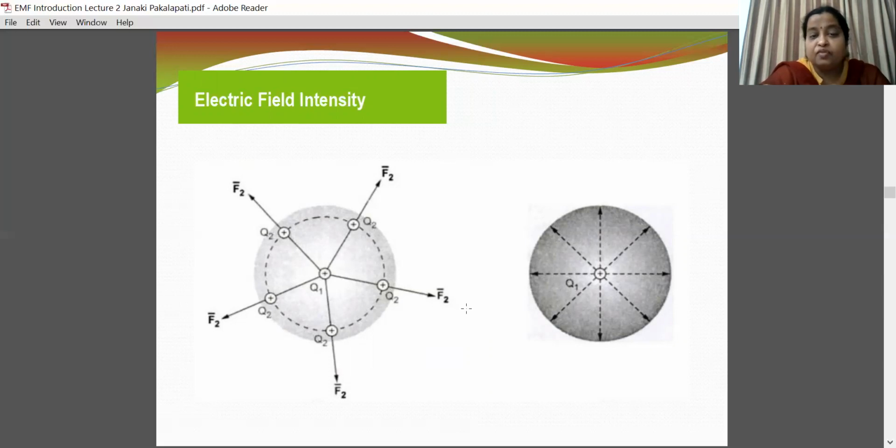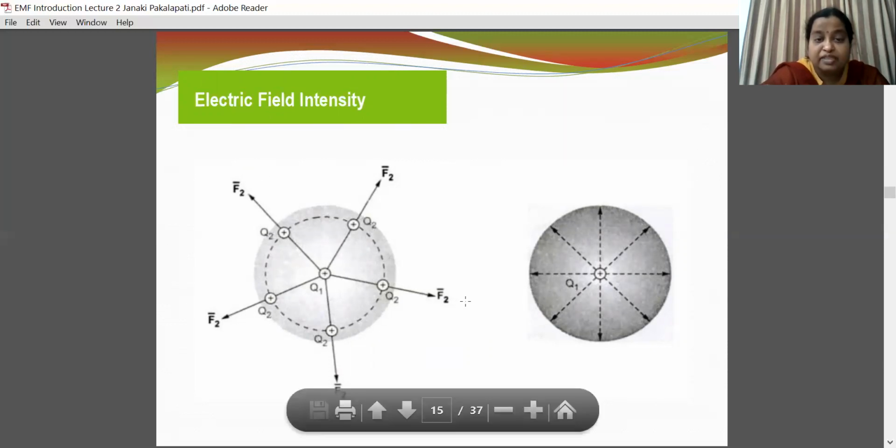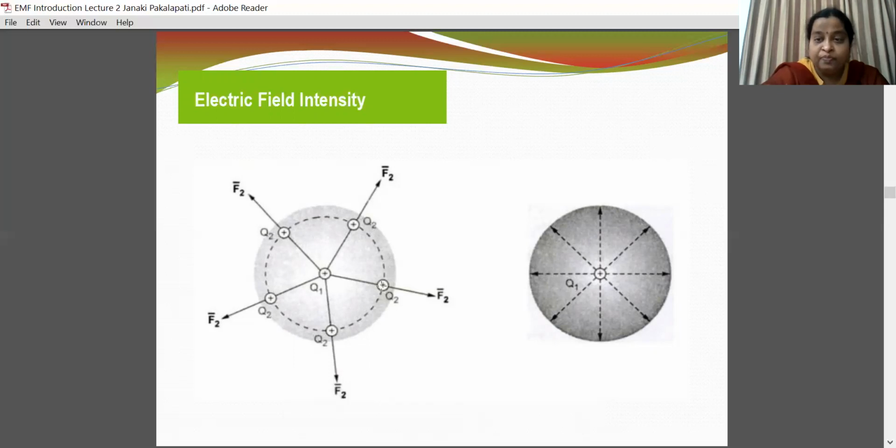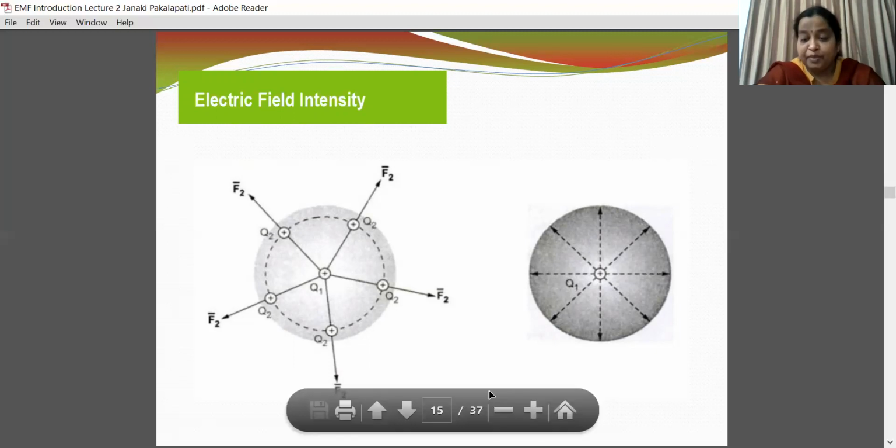F2 bar is the force experienced on the charge Q1. The electric field intensity is defined as the amount of force experienced by this charge Q2. That means F2 bar by Q2 is the electric field intensity expression.